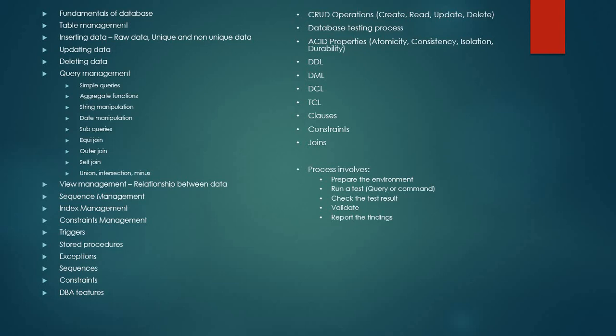So simple query, aggregate functions, string manipulations, data manipulations, subqueries, equijoin, outer join, self join, union, intersection, minus, all these things are part of query management which needs to be taken care of while you're doing database testing. And view management is one more topic where you need to understand the relationship between the data.